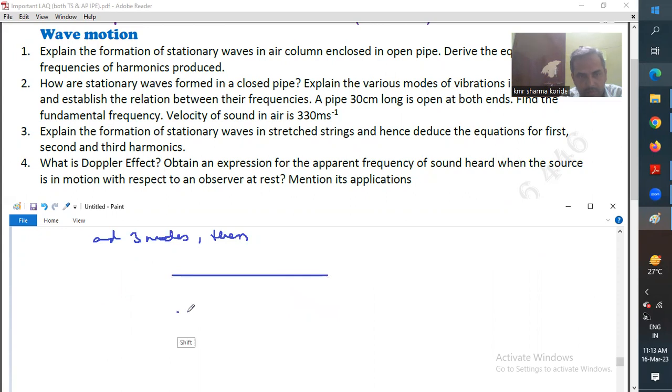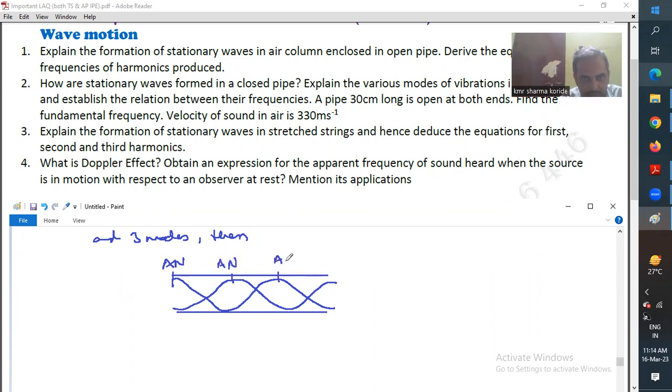So this is the open organ pipe, open end. So antinode, this is node, this is antinode, this is antinode, this is antinode. This is lambda by 4, this is lambda by 2, this is lambda by 2, this is lambda by 4.